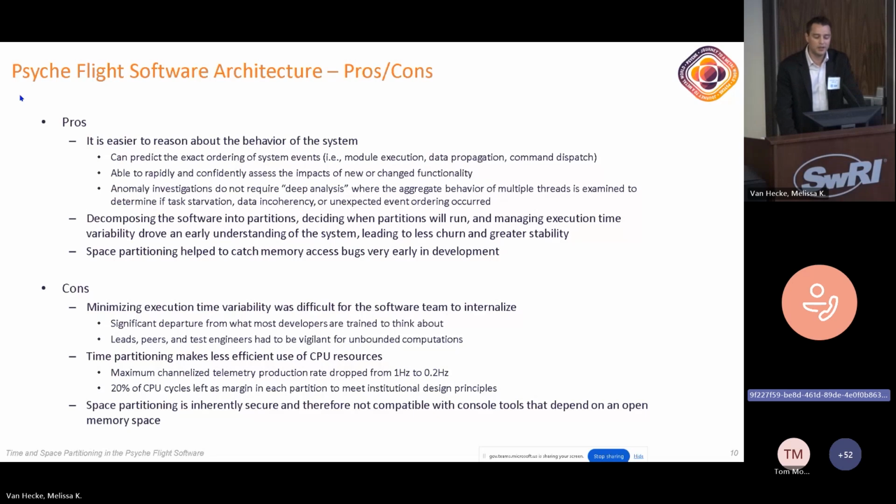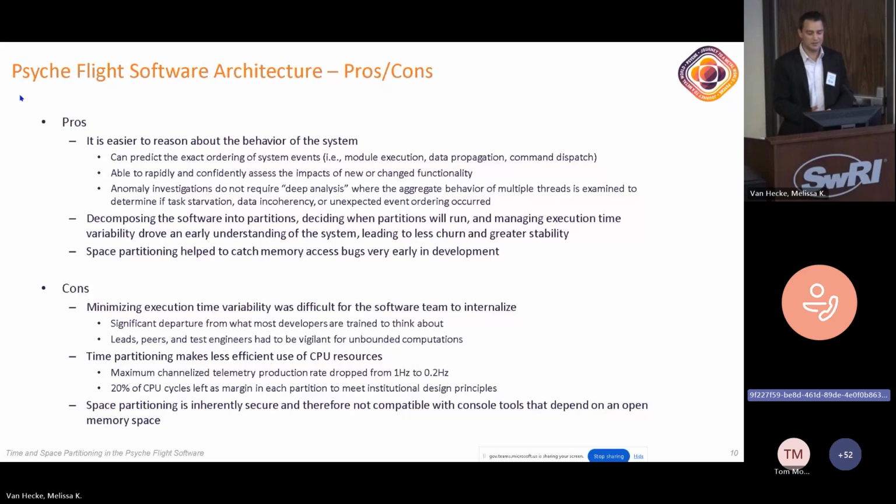I'd also say our anomaly investigations. As we were developing the software, of course, some small amount of bugs were found. And the bugs that were found didn't require deep analysis by our development team. So we didn't have a situation where we had a developer poring through a log of, we had this many thousand context switches, all these different threads, this message goes here.